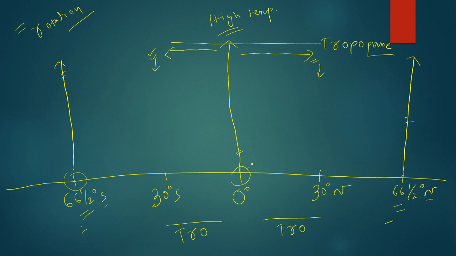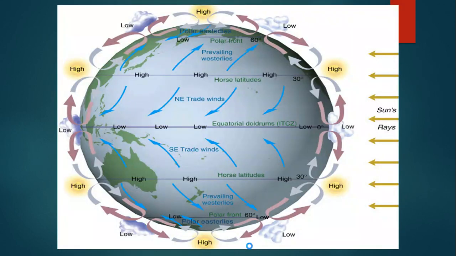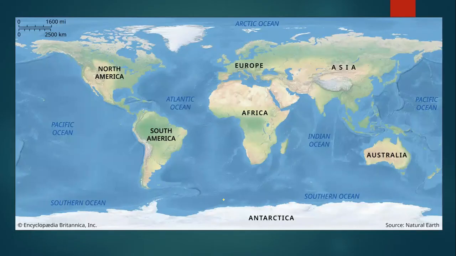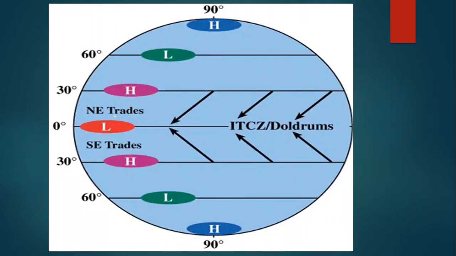In the equator, since the air is moving in the upward direction, there will be generation of low pressure. If I go to the diagram, this zone is known as the equatorial low pressure belt. If you come to another diagram, this zone is the equatorial low pressure belt, which is also known as the ITCZ.